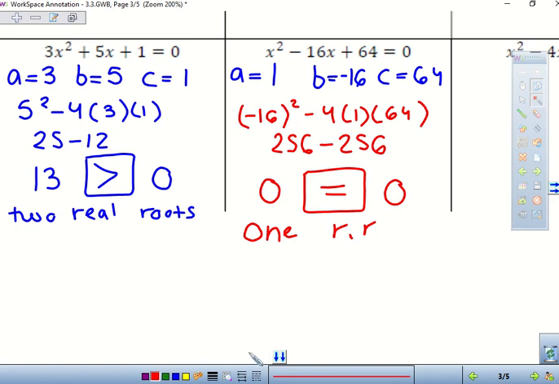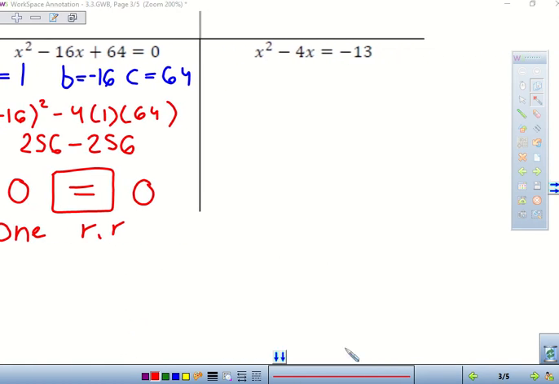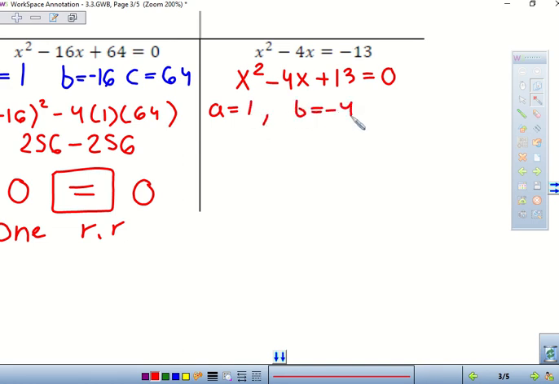Any questions? Okay. Next one. Can I proceed as is? I have to do what first? Move C over, because it's going to give you the wrong sign if you try to take it now. So A is 1, B is, and C is, so it's negative 4 squared minus 4AC.